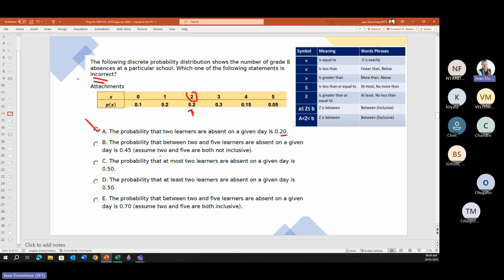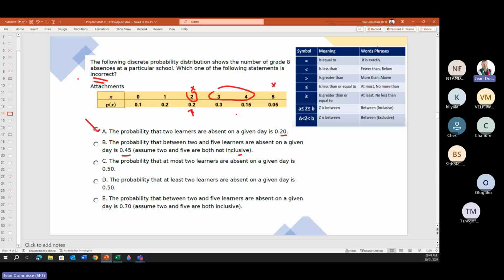The probability that between 2 and 5 learners are absent is 0.4. Assume 2 and 5 are not inclusive. Okay, so we're not looking at 2, we're not looking at 5, we're only looking at 3 and 4.